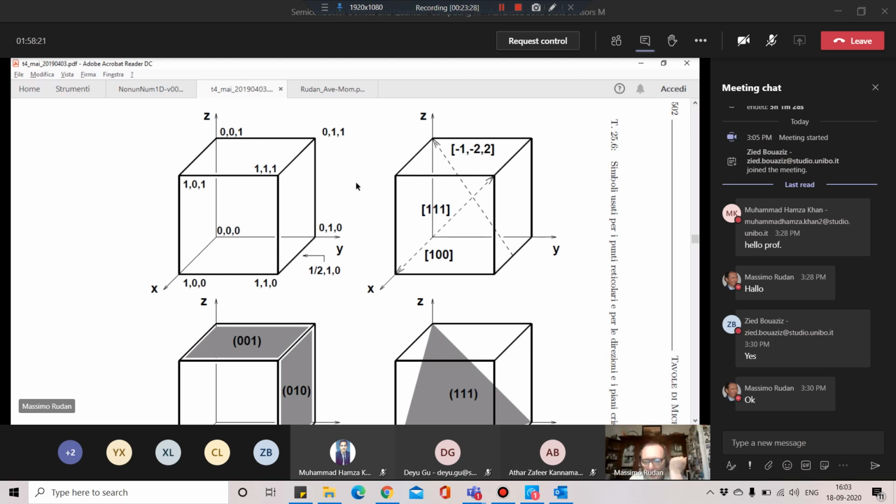Let's take another example. We want to define the crystal direction that goes from the midpoint of this side, the point whose coordinates are 1/2, 1, and 0, to the vertex here of coordinates 0, 0, 1. So what you do is, as before, you take the first coordinate of the second point, 0, and you subtract 1/2.